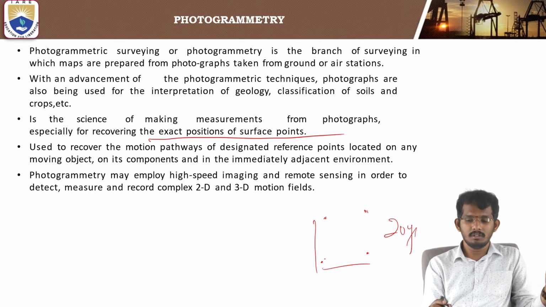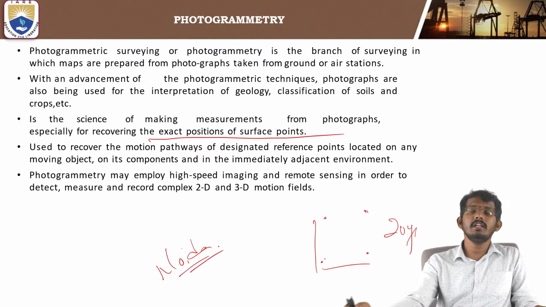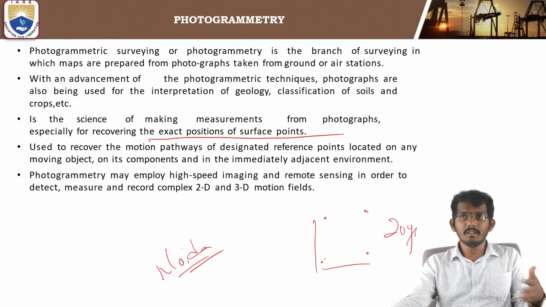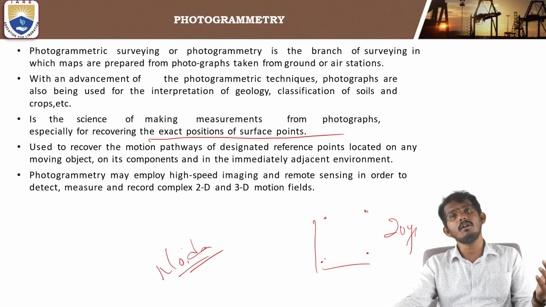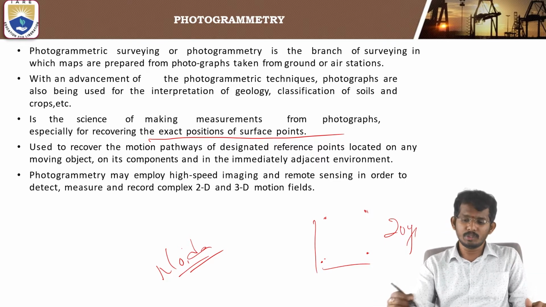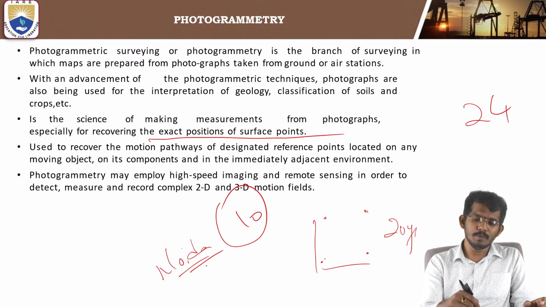Recently in Noida, the twin towers were collapsed because of some illegal construction. After that it took some 3 months to remove all the waste from the collapsed twin towers. Now, I will trace the point. Suppose there are some 24 columns in the twin tower and I want to trace the 10th column position.